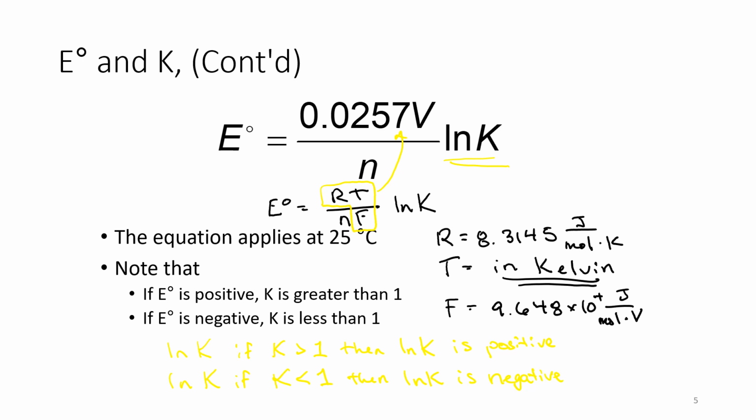So 0.0257 divided by some positive number of moles of electrons, times a negative, you're going to get something negative. So that's where these two bullet points come from. We're taking an equation and manipulating it, looking at things about it to figure out whether something is positive or negative, and how those things are related to one another.